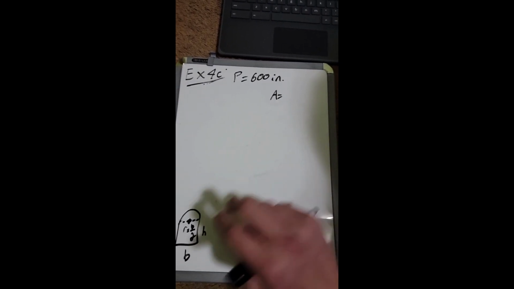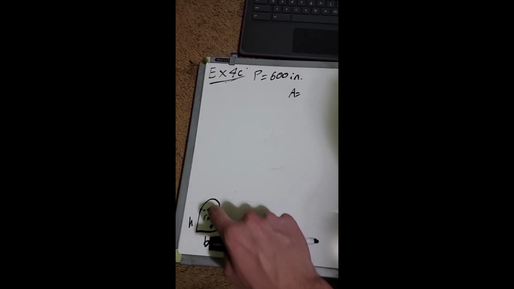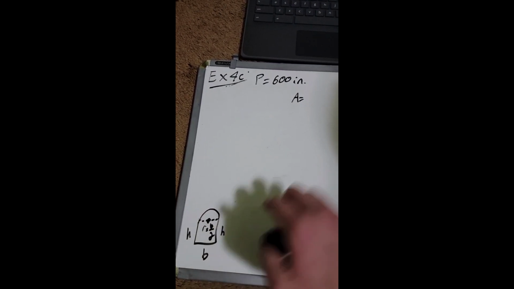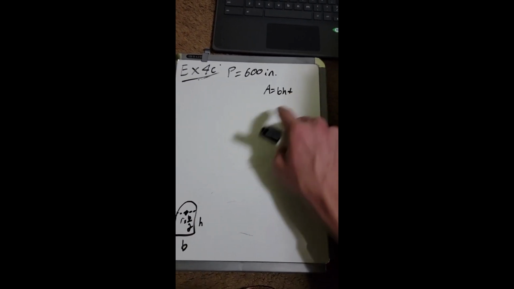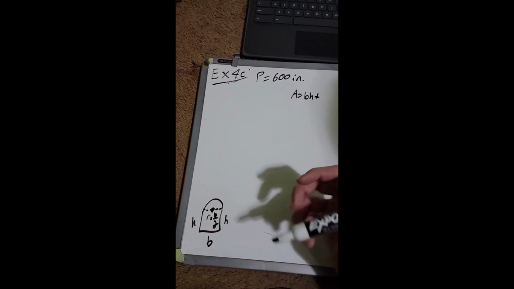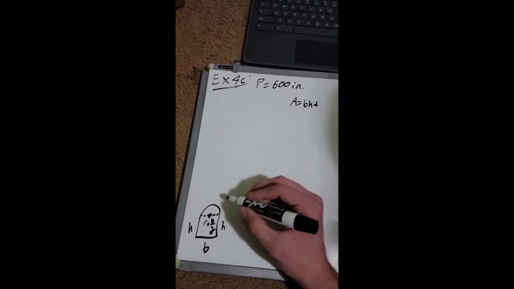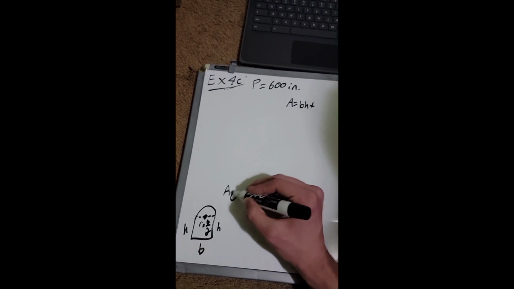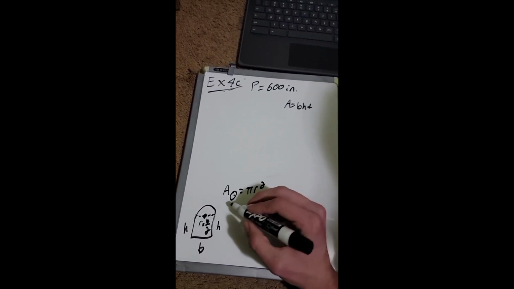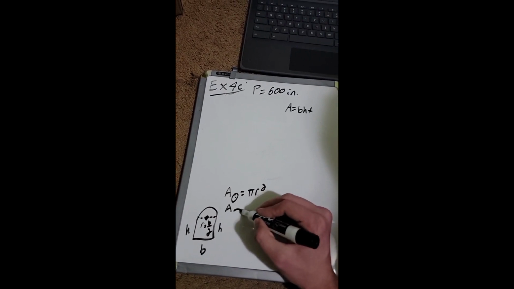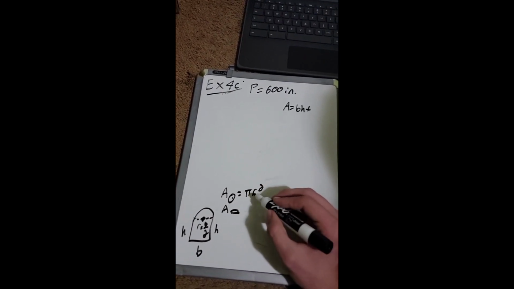So when we're finding the area of this piece, that should be pretty easy. It's just base times height. But we're also adding the area of this piece. And the area of this piece is just going to be the area of a circle, pi r squared, but half of it.